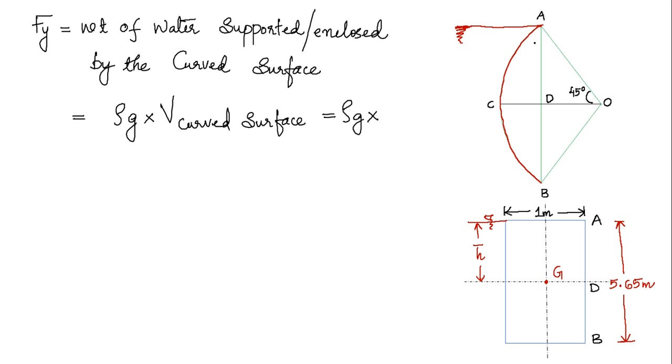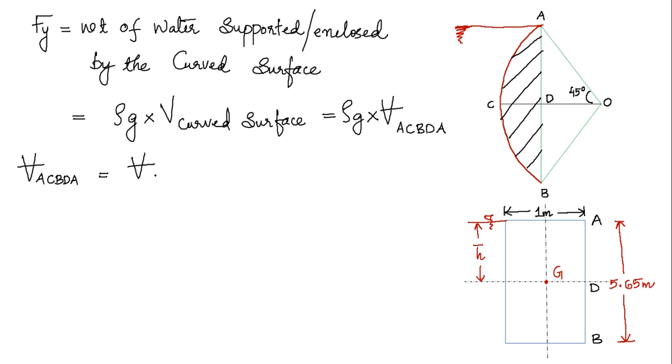So here the curved surface is ACBDA. So volume of ACBDA will be equal to volume of OACBO minus volume of OAB. So total volume minus volume of this triangular portion.